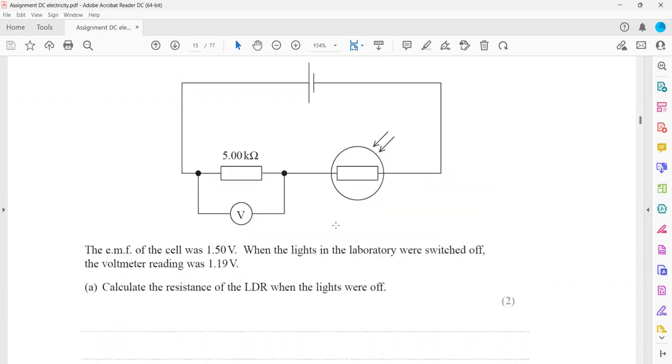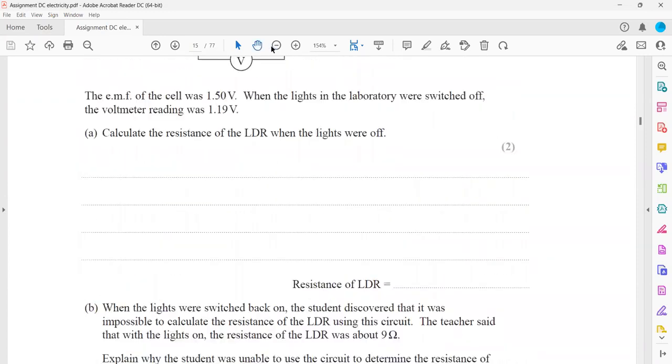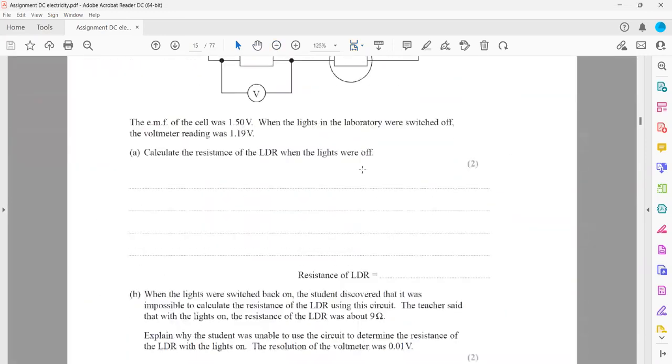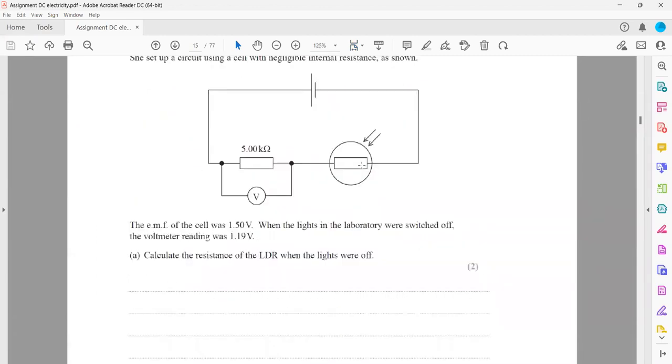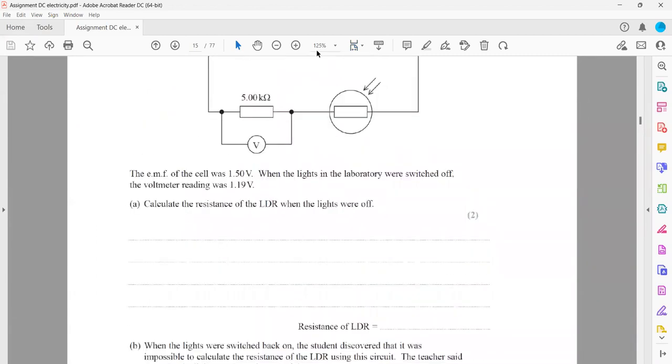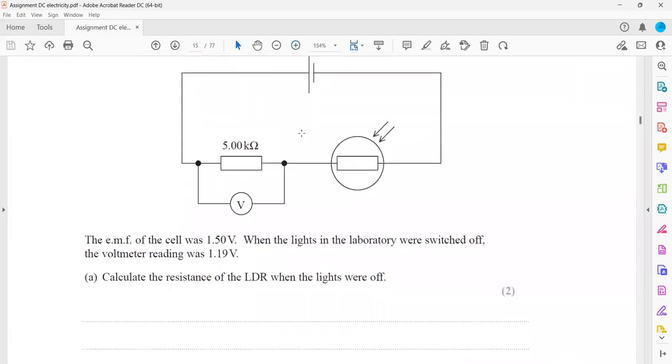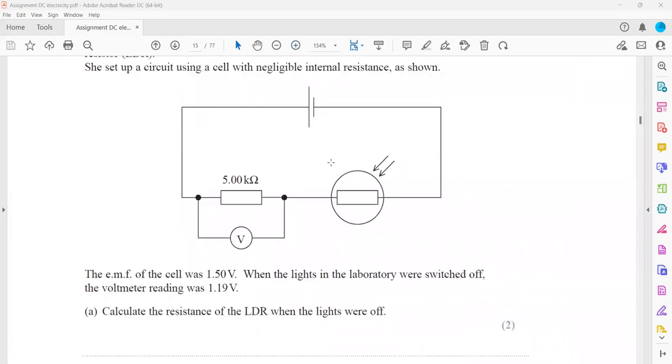When the lights are switched on, the resistance of the LDR is 9 ohm, and the total voltage is still 1.5.